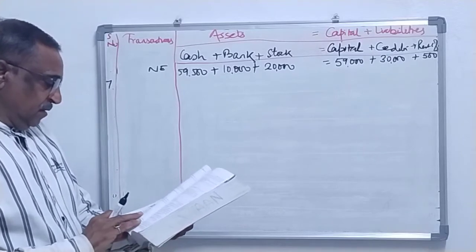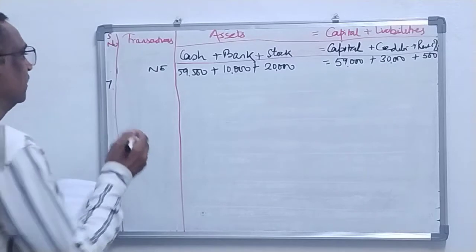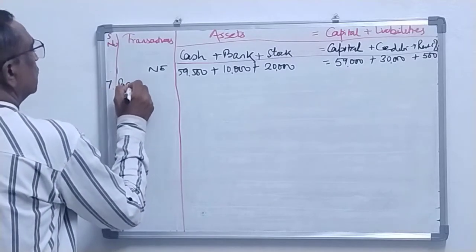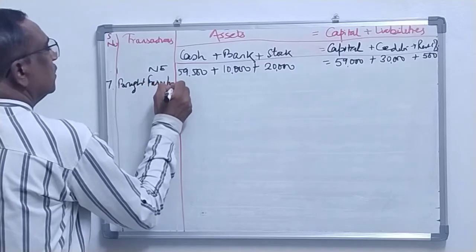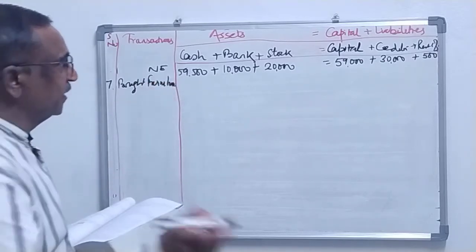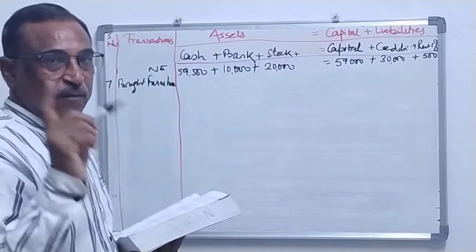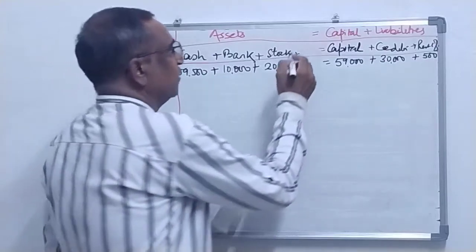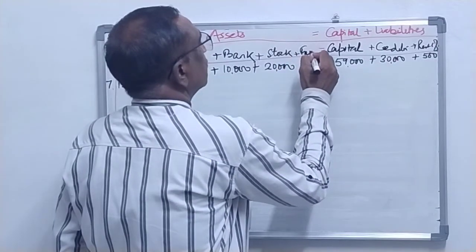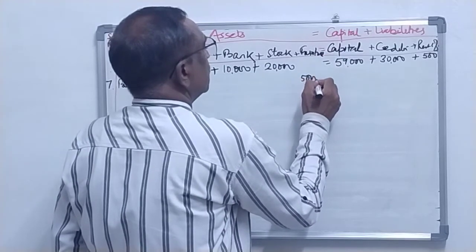Transaction 7, bought furniture rupees 5,000 on credit. Bought furniture for 5,000 on credit. That means furniture you are going to get, your business is going to get. It means your asset will increase in the form of furniture, 5,000.